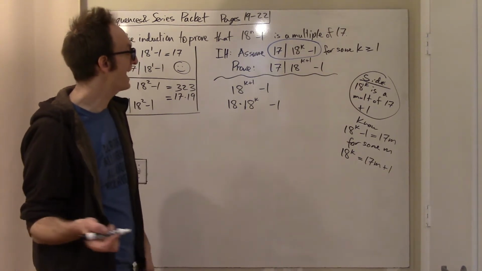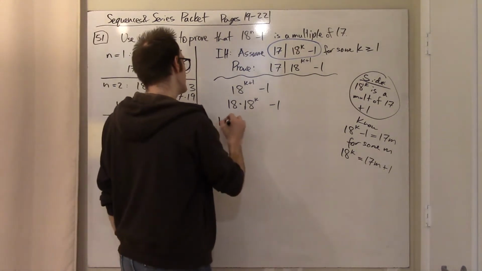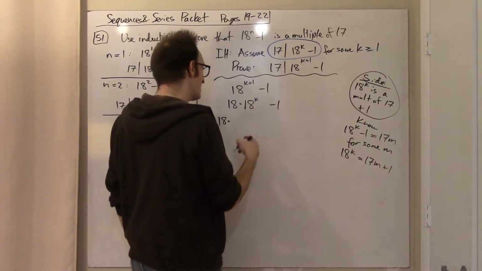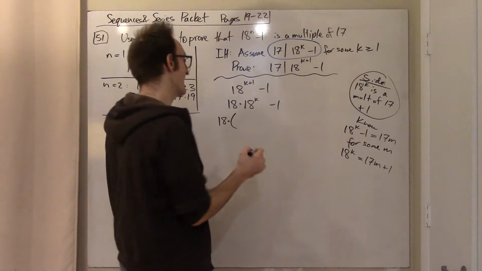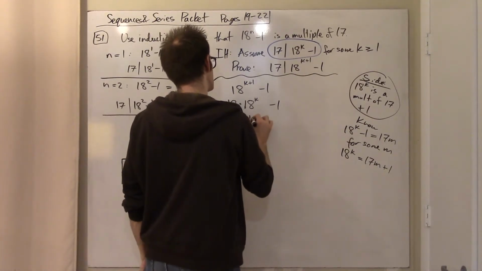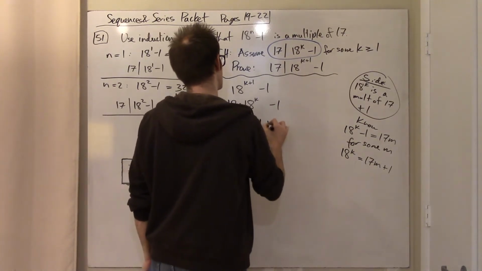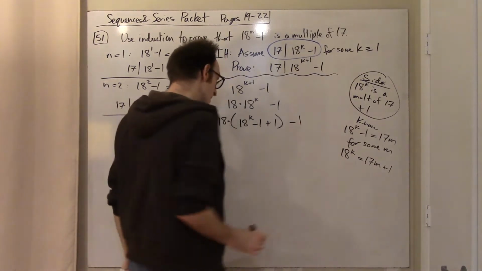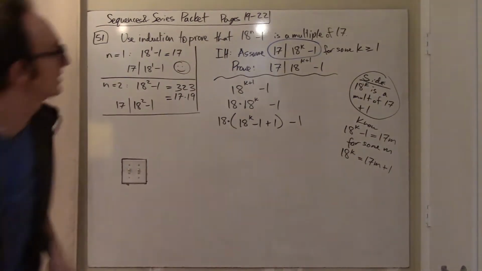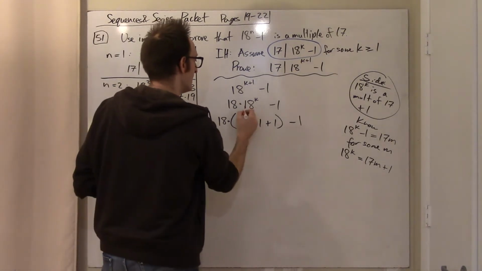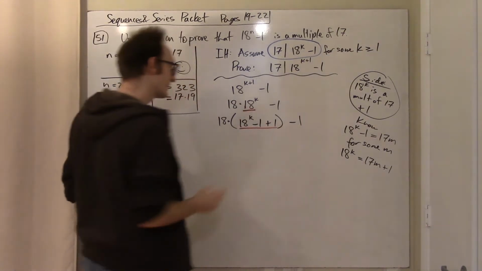Alternatively, you can do something a little bit more fancy, which is you can say, okay, well, let me just rewrite this 18 to the k as 18 to the k minus 1 plus 1. And why would you do something kind of weird like that? Of course, this is just valid.